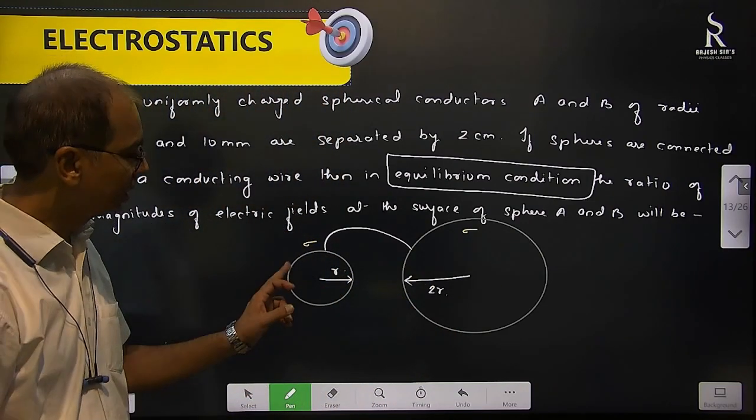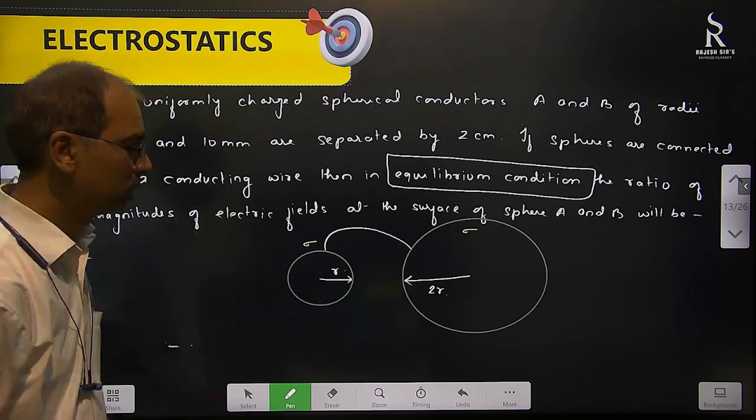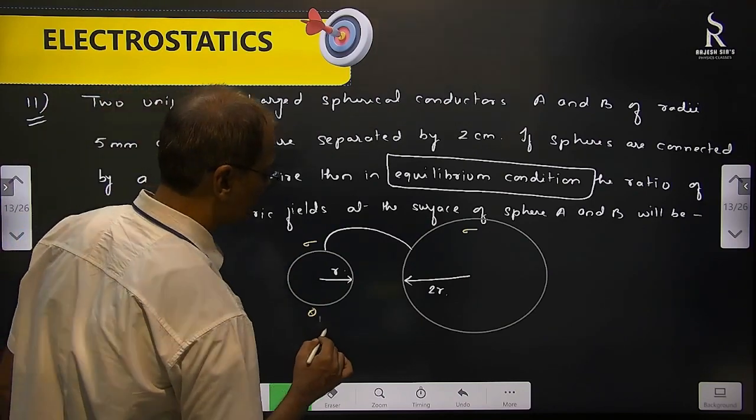First I'll find how much charge is on each initially. The charge on this one is Q1 and on this is Q2.